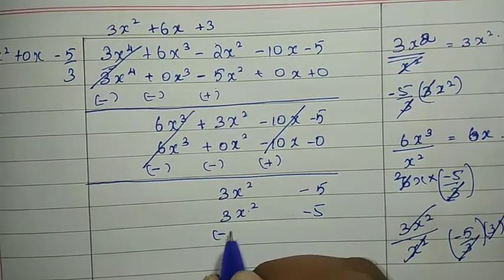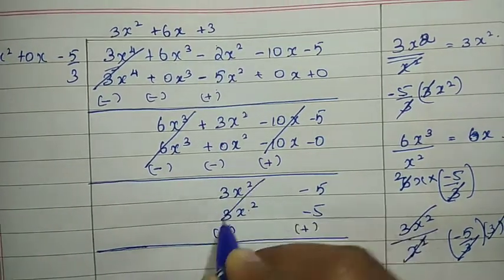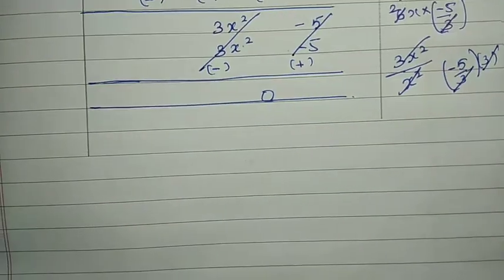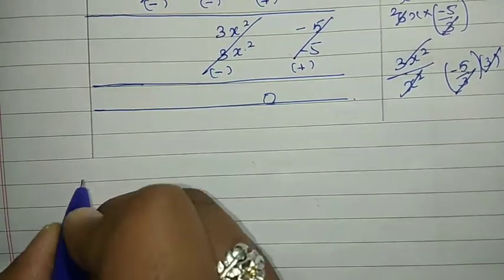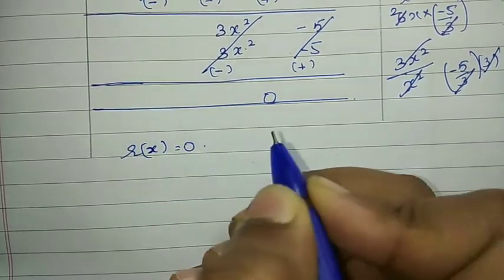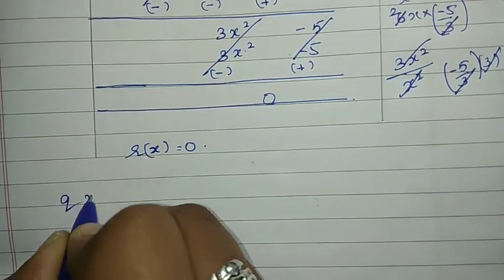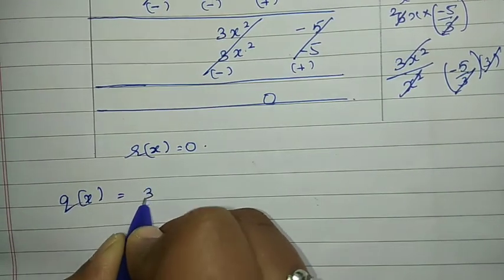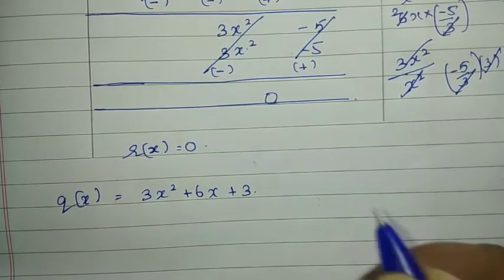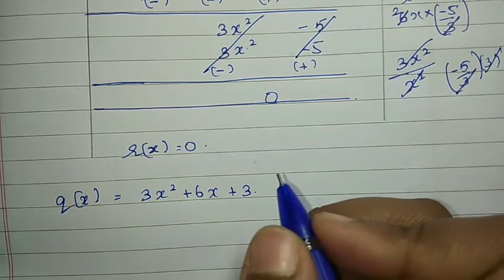So I will change my sign, and I will have 0. So now what was my q of x? Now my r of x is equal to 0, so I need not worry. And what is my q of x? q of x is equal to 3x² + 6x + 3, isn't it? This is the polynomial that I got in my q of x.